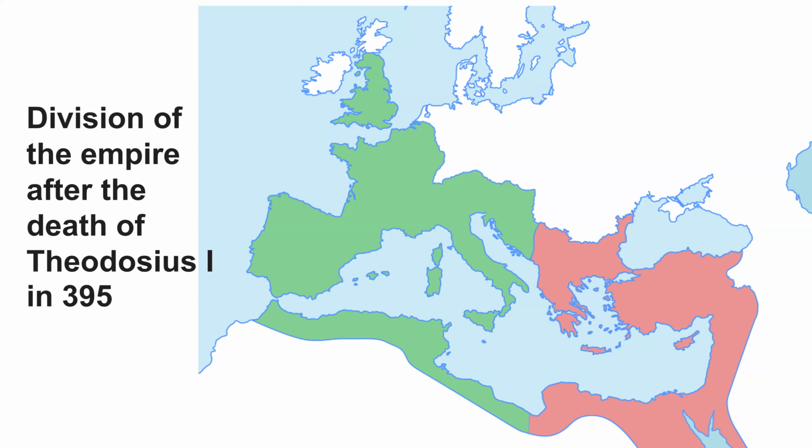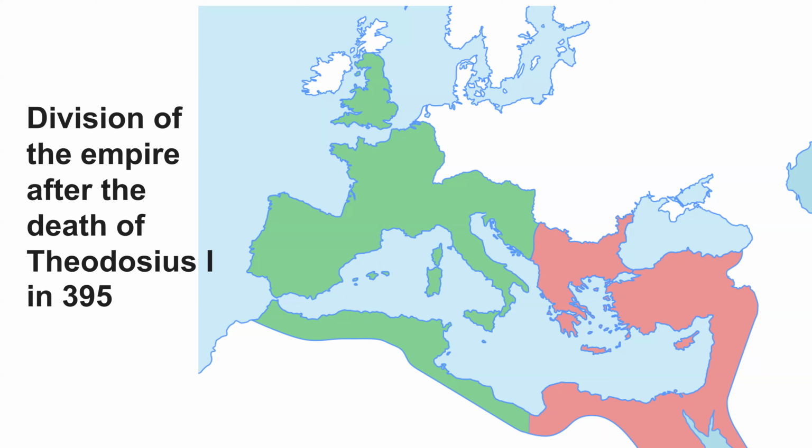You can see that the Eastern Roman Empire was largely spared of that. They did lose a lot of what we would call Greece and what used to be Yugoslavia, Serbia, and the Balkans area. The Eastern Roman Empire lost that, but by and large, they were not affected by all of these tribes moving in.